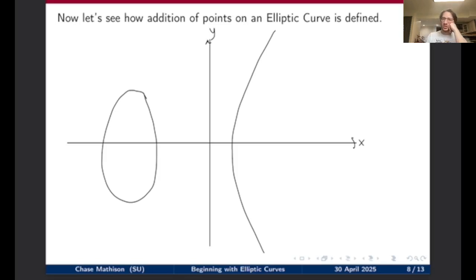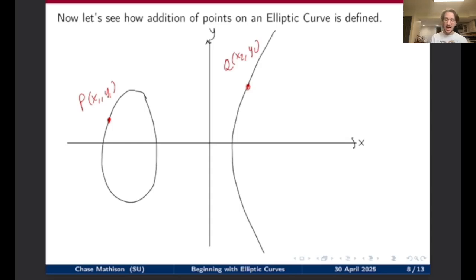To add points on an elliptic curve, let me say I have this point P, which has coordinates x1, y1, and this point Q, which has coordinates x2, y2, and I want to add those points together to get a third point on the elliptic curve. If you just add x1 and x2 and y1 and y2 and get those coordinates, that's almost certainly not going to be on the curve.